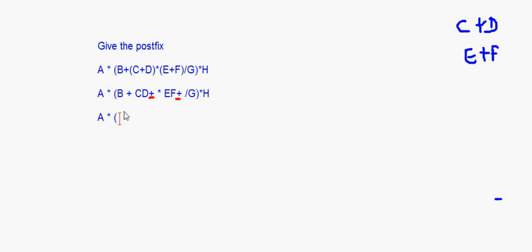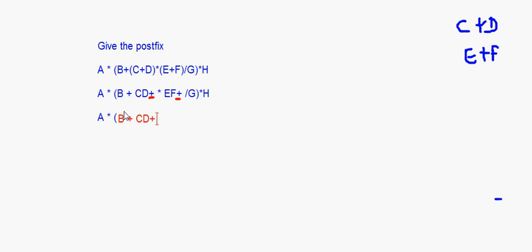Now here we come. Now there is a multiplication sign which has to be done, right? So here I'll write B plus, right? Okay, here it will be CD plus, this is already evaluated, fine.